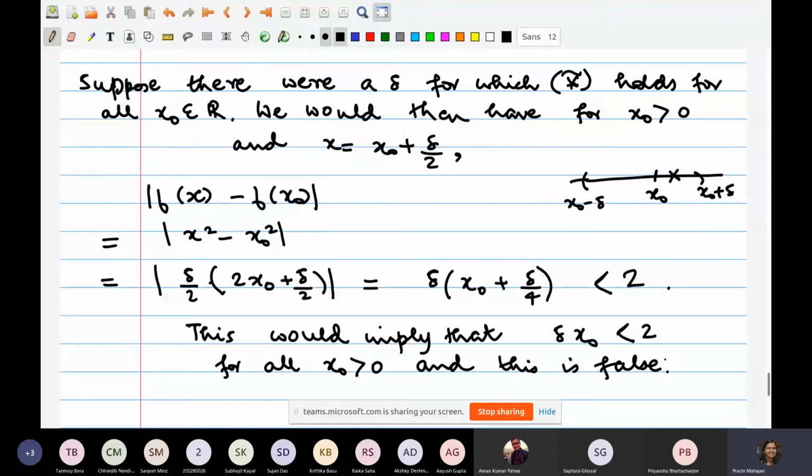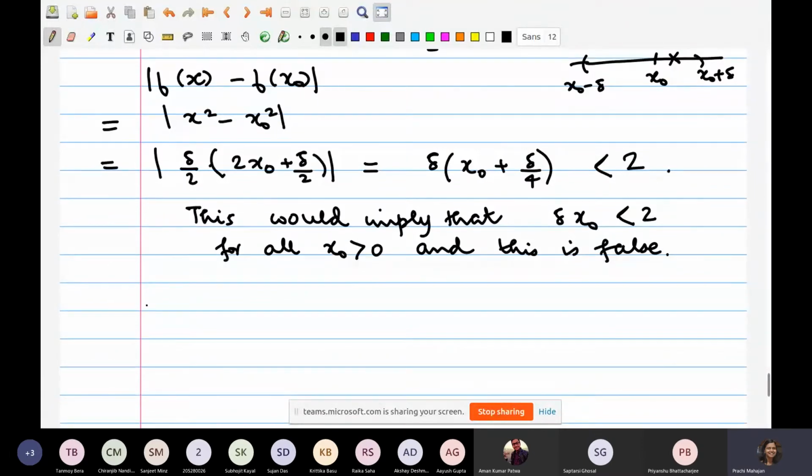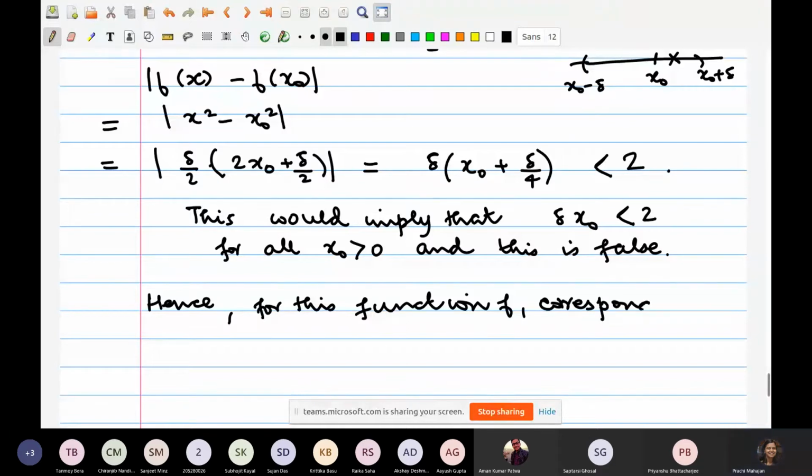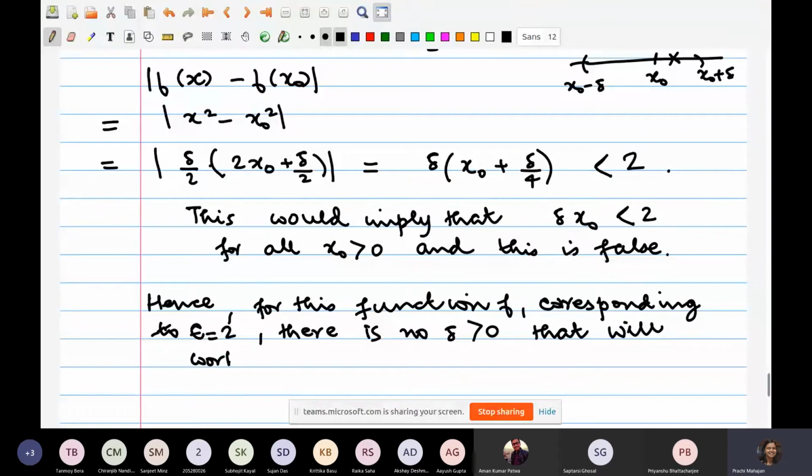So hence, for this function f, corresponding to epsilon equal to 2, there is no single delta that will work, meaning the statement star tilde will hold, for all x naught in R simultaneously.